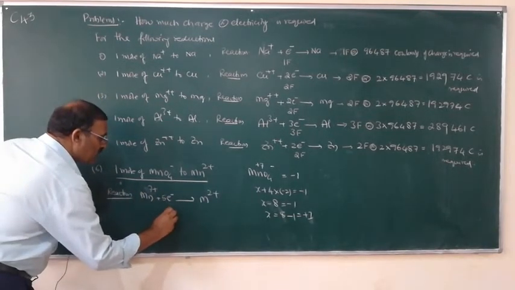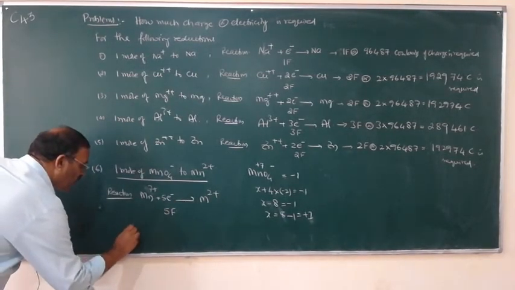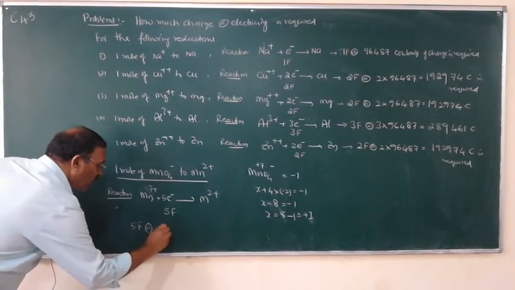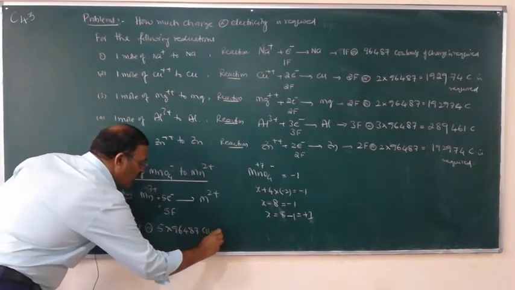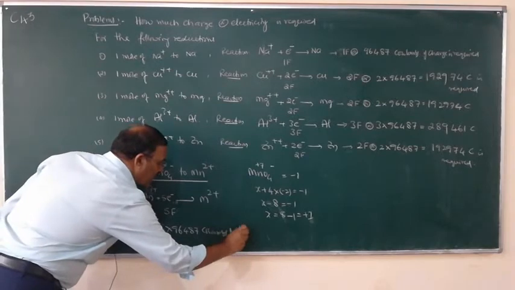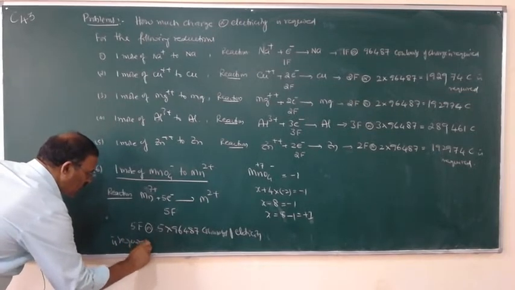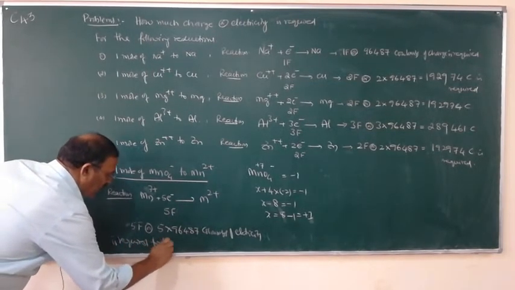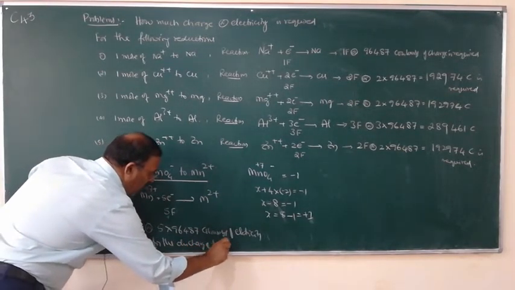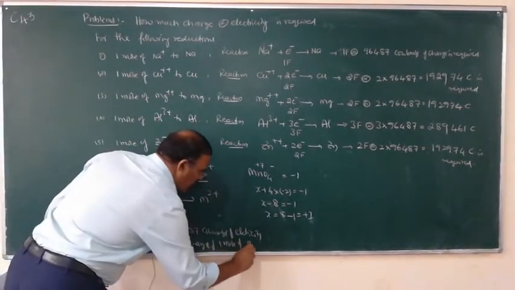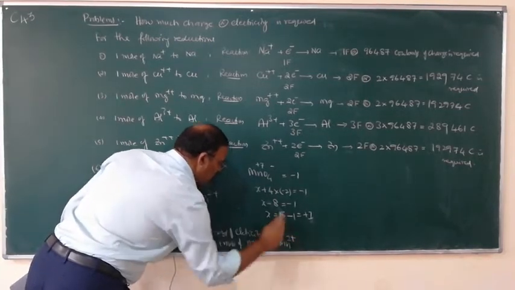So how much electricity is required? 5 Faraday. Therefore 5 Faraday or 5 into 96,487 coulombs of electricity is required for the discharge of 1 mole of MnO4 minus to Mn2 plus.